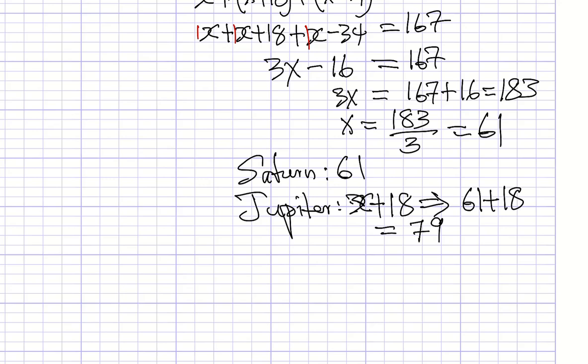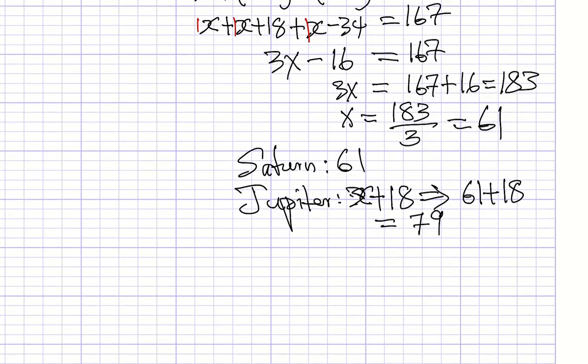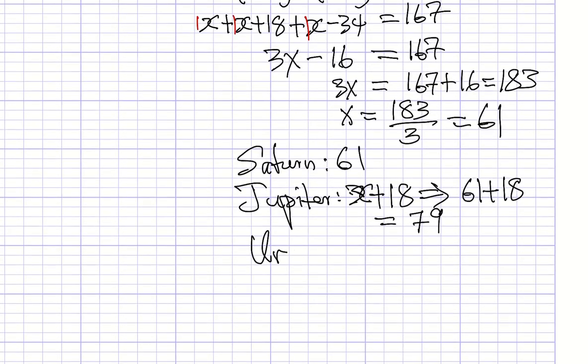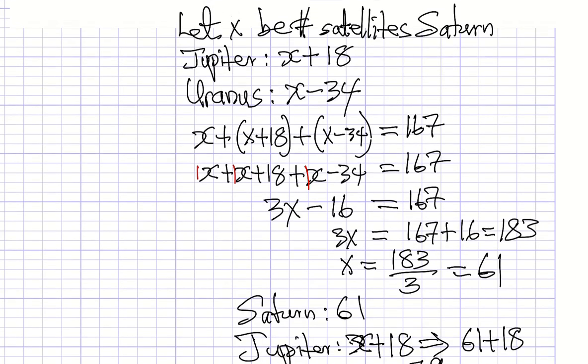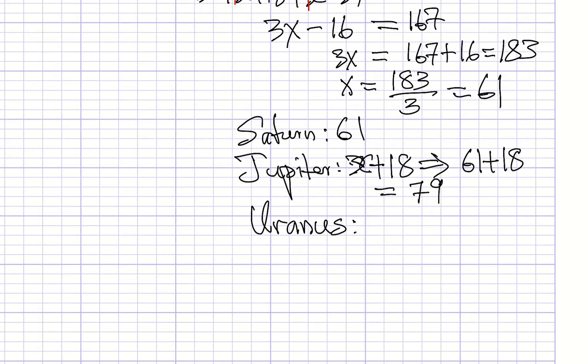And then what is the other one? Uranus. Uranus will have X minus 34 satellites. We found X already, I don't need to repeat that.